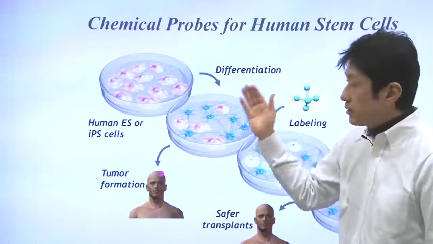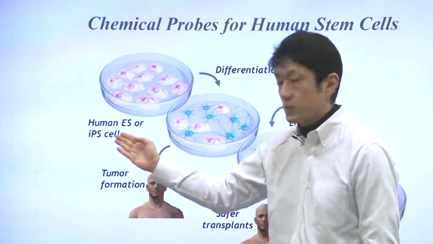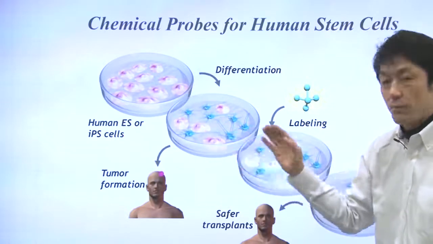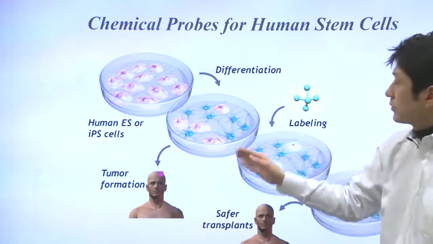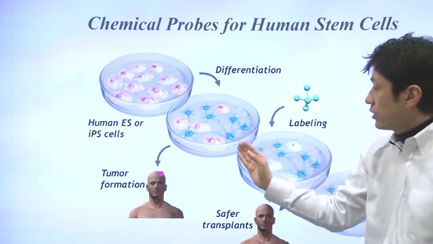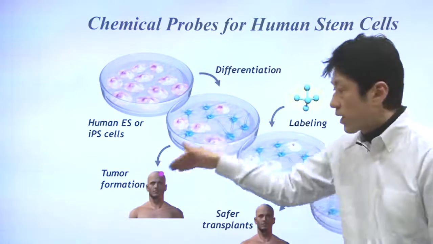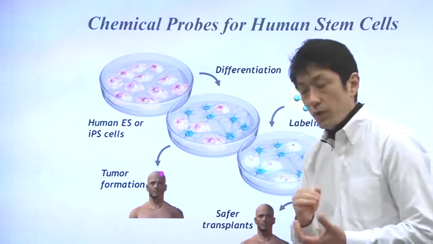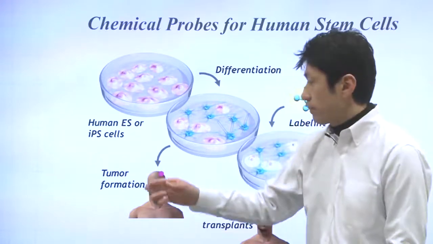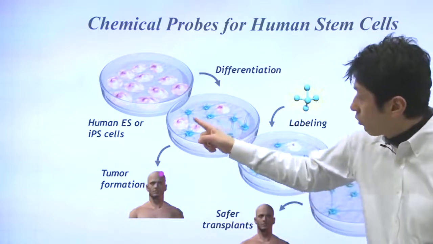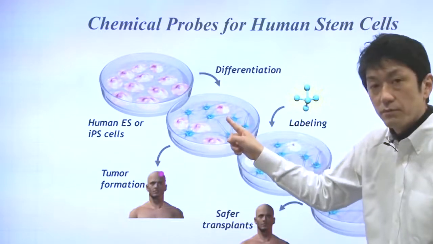In stem cell therapy, human ES cells or iPS cells need to get differentiated into particular cell types. Then after differentiation, they need to be injected or transplanted into the patients or animals. The problem that we have right now is tumor formation because of the leftover stem cells.